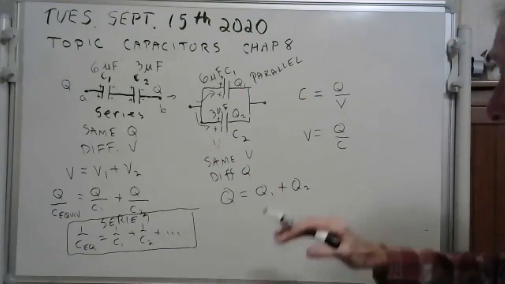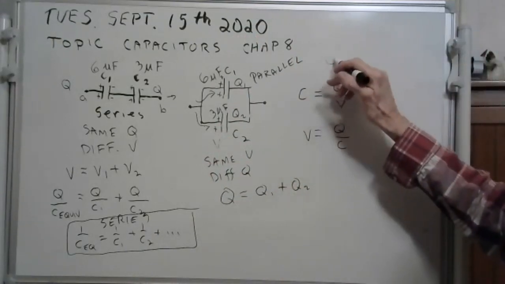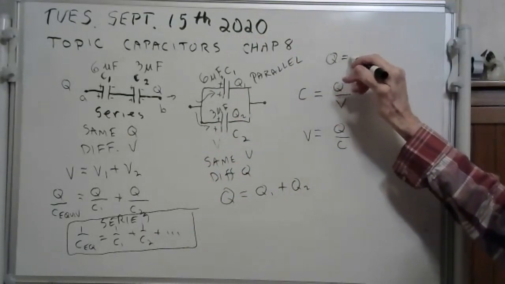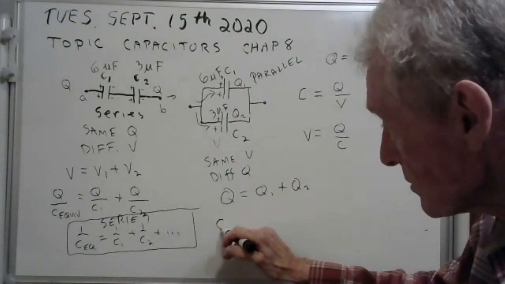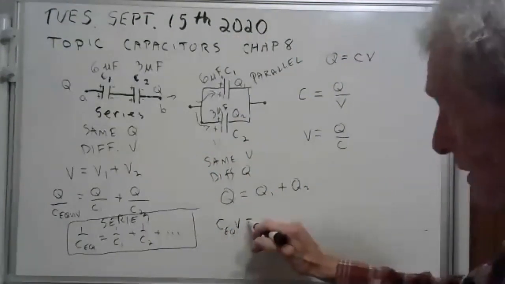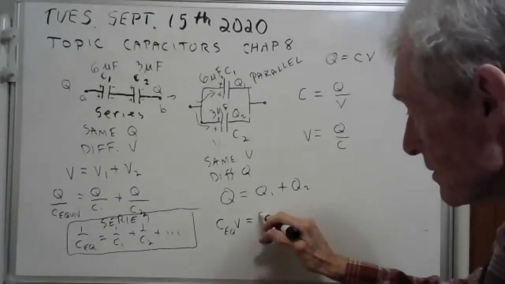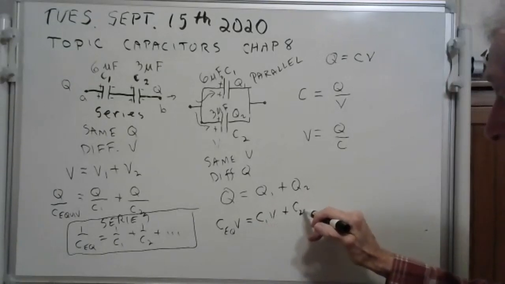Okay, and you can see from this equation that Q is equal to CV. So we're just going to go C for the equivalent capacitance times the voltage equals C1 times the voltage plus C2 times the voltage.